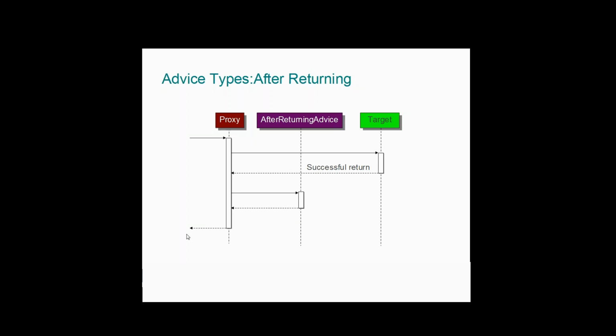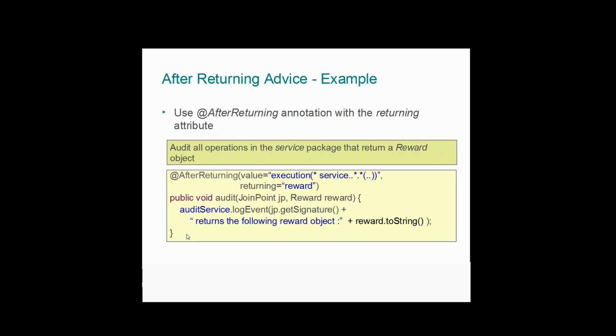If you look at the example, the way it works is I add this annotation, which is after returning, and I have a method. This method will get invoked after the service method gets invoked. Now let's say the function is going to return an object.